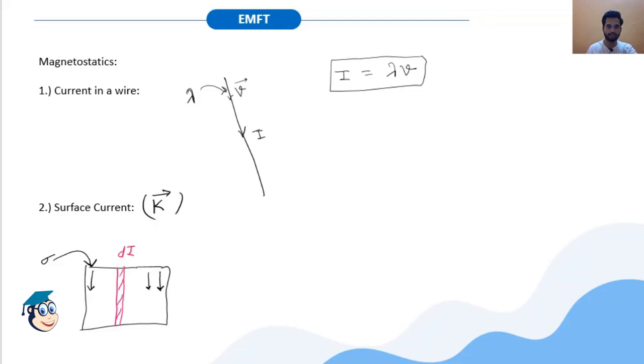The length perpendicular to the flow of this current is dl perpendicular, so k is defined as di over dl perpendicular, and this is equal to sigma times the velocity of those charges.